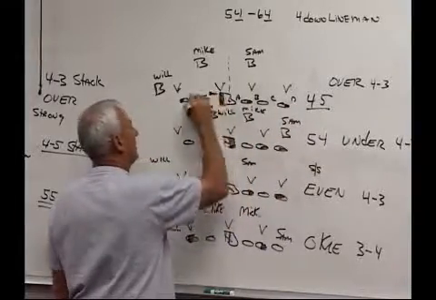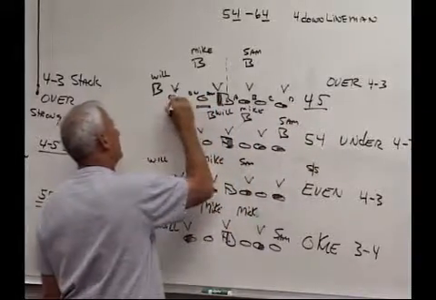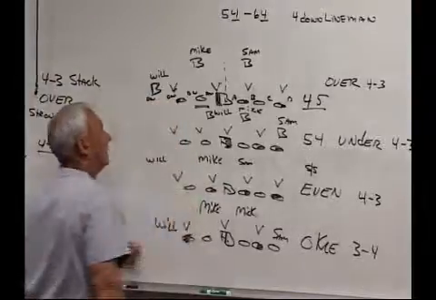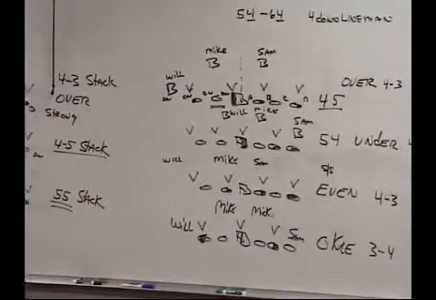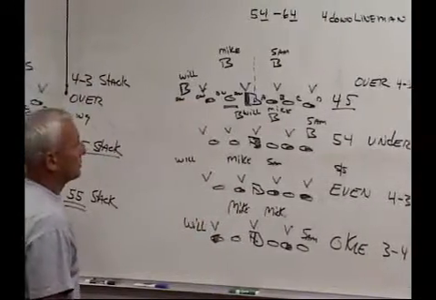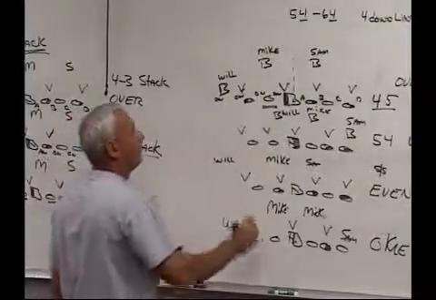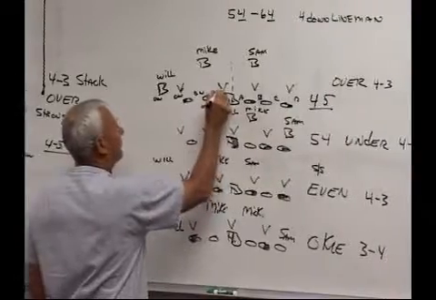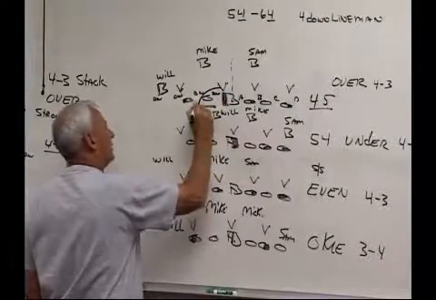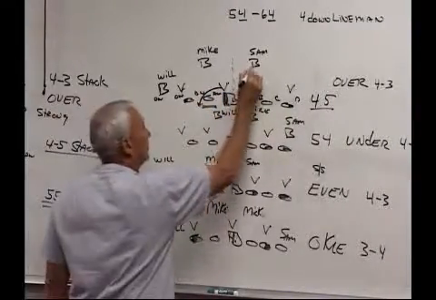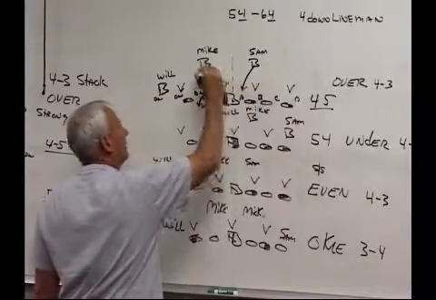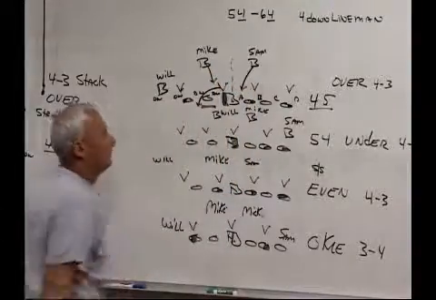That's A weak, B weak, C weak, D weak. All right. And we're gonna run this stunt right here. We got 45 over. We're gonna loop that nose guard here. We're going to blow that linebacker there.